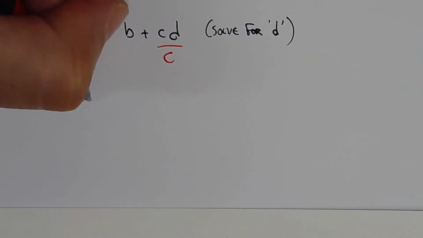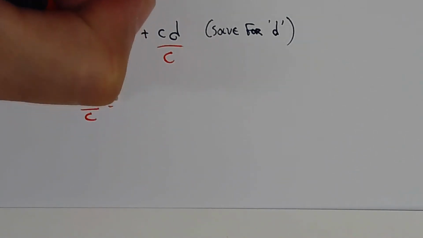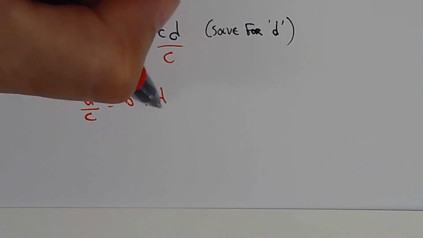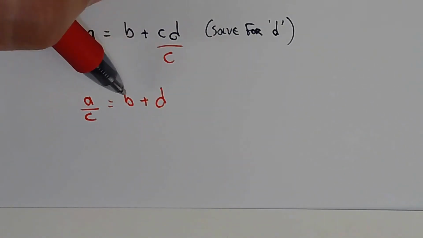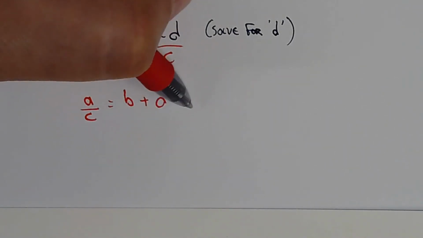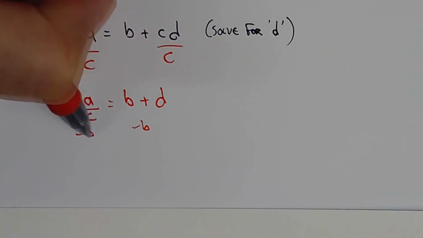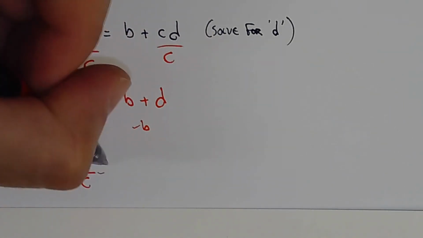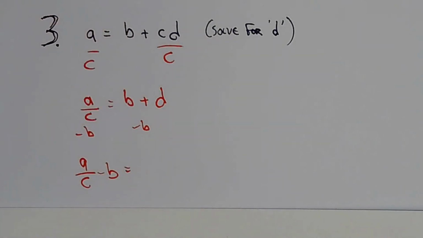So we have A over C equals B plus D. And then we get D by itself. So we subtract B from both sides, minus B, minus B. So it would be A over C minus B equals D. Where is my mistake?